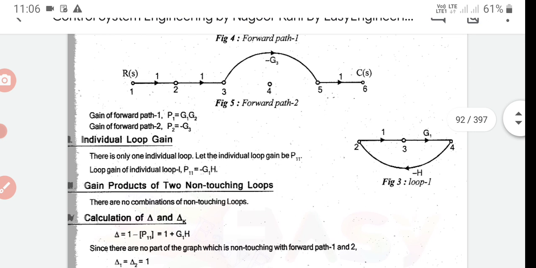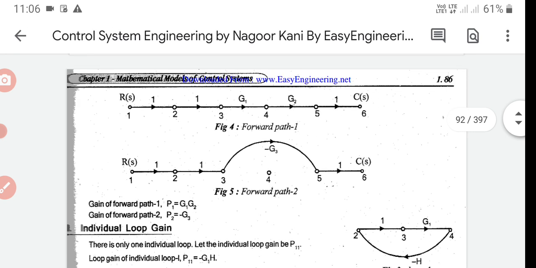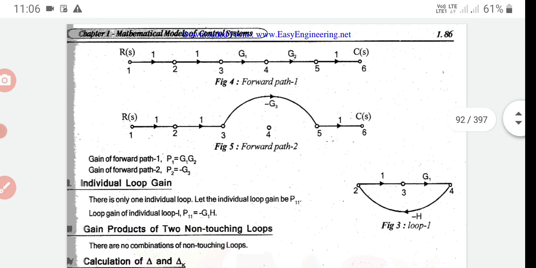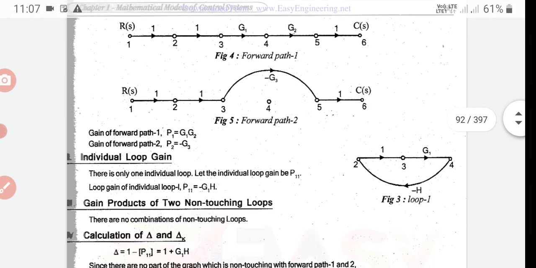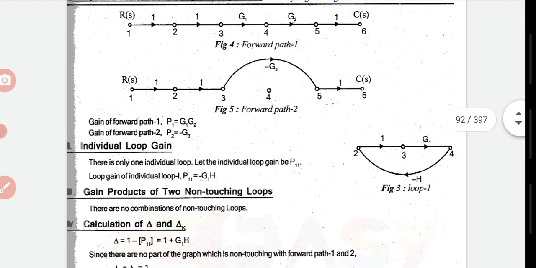We have only one loop here, there is no other loop, so there are no combinations of non-touching loops, and this value is zero.